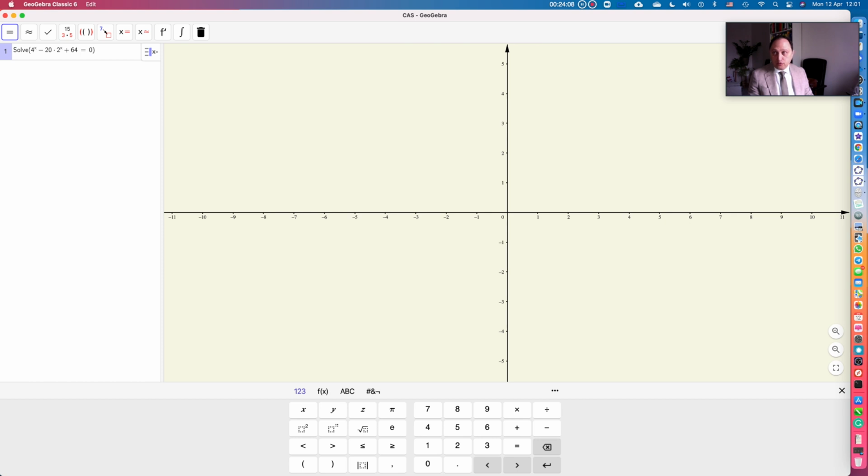Okay, so if GeoGebra is capable, by the way, the pronunciation is GeoGebra because it comes from geometry and algebra. Okay, so yes, it is capable of giving you the answers. So x equals 2 and x equals 4 are the answers in this case.